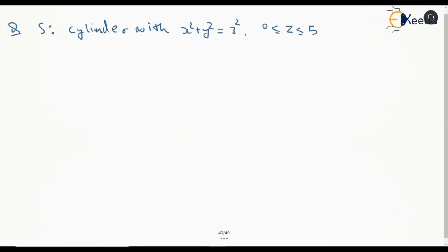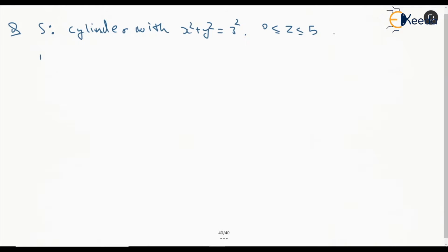So let's say S be a cylinder with x square plus y square is equal to 3 square and z is from 0 to 5.